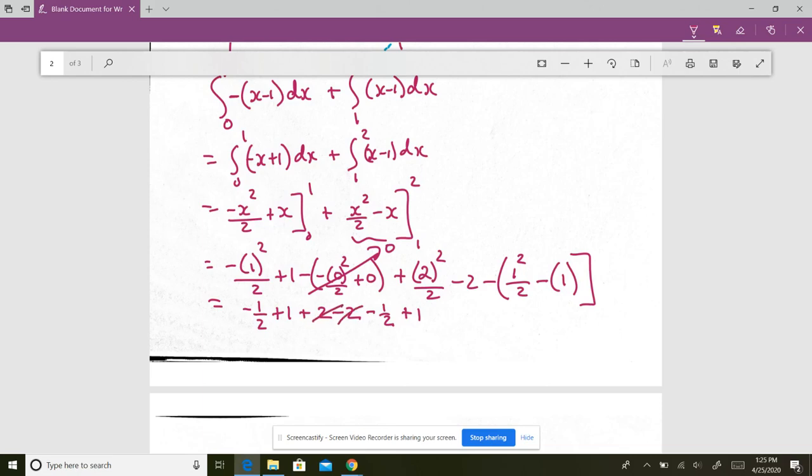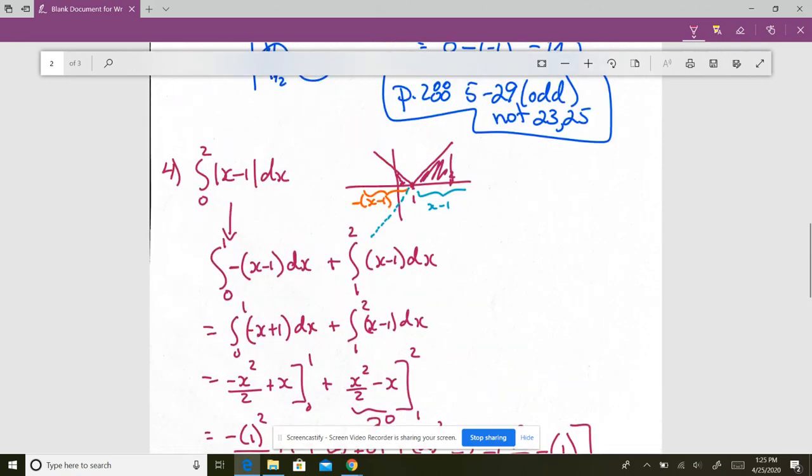The 2's go away, negative 1/2 minus 1/2 is negative 1, and 1 plus 1 is 2. The answer is 1. All right, so when you have an absolute value, think about the graph and think about how you're going to have to break it up into two separate components.